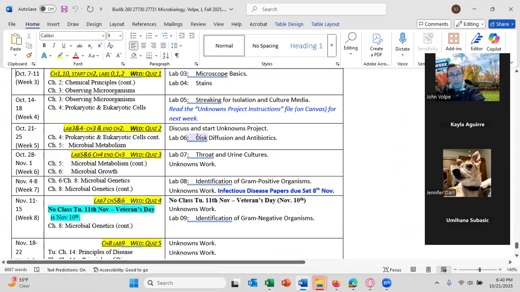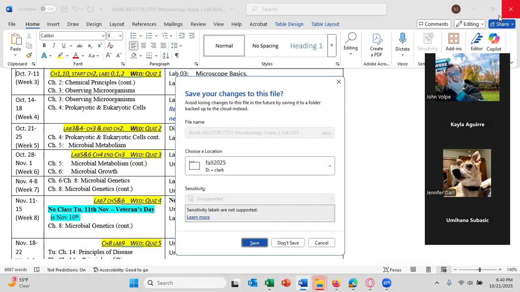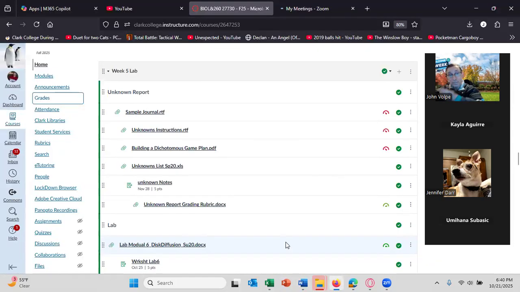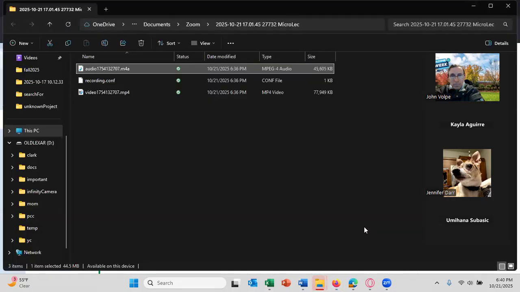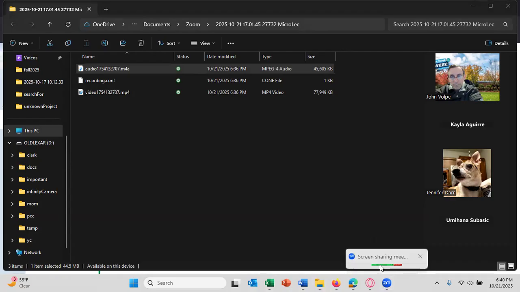What we're going to do today is discuss and start the unknown project. Close that down because my computer is overworking at the moment. It always does when it's making the oh, maybe it finished. Let me see if that's going on with Zoom.